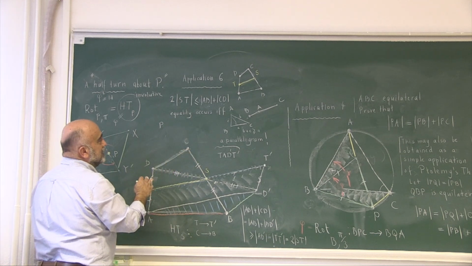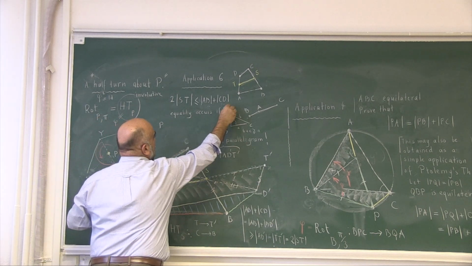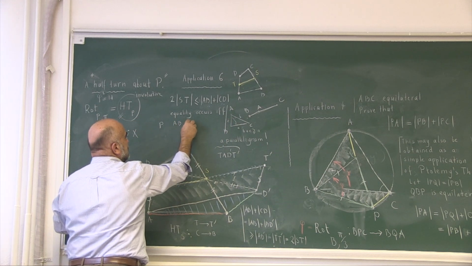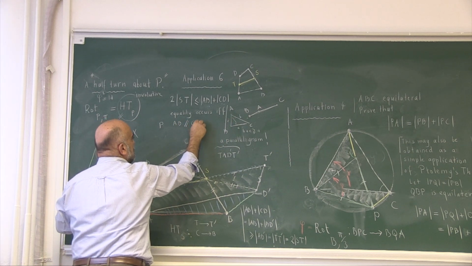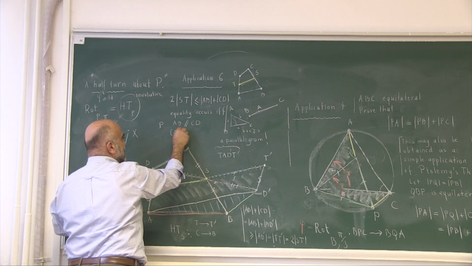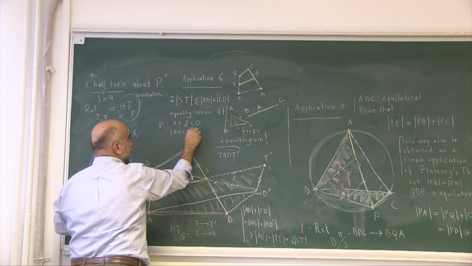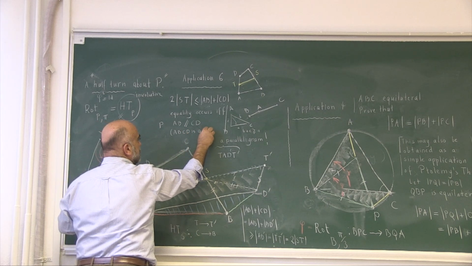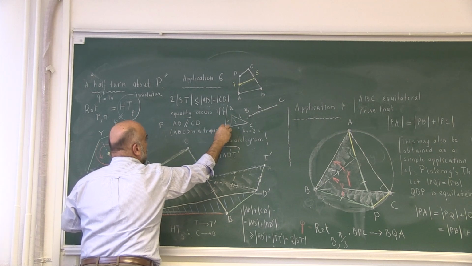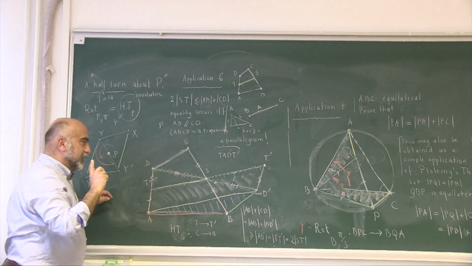So if and only if the line AB is parallel to CD, so that ABCD is in fact a trapezoid. It must be a trapezoid, but that's not all.